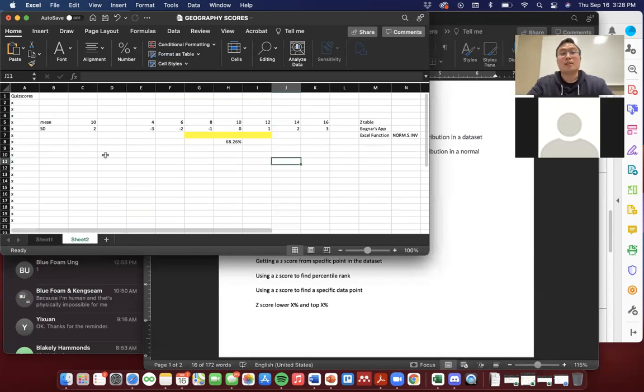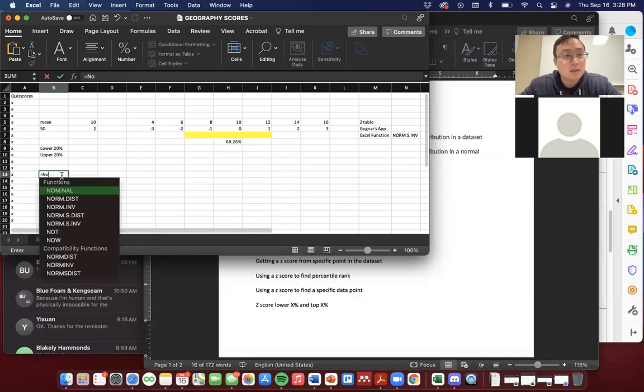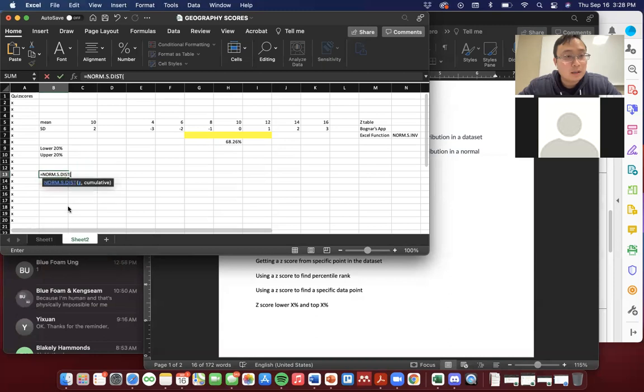Okay. So we are going to get the corresponding z-score for the lower percent and the corresponding z-score for the upper percent. And then we're going to plug it into this formula. Right?